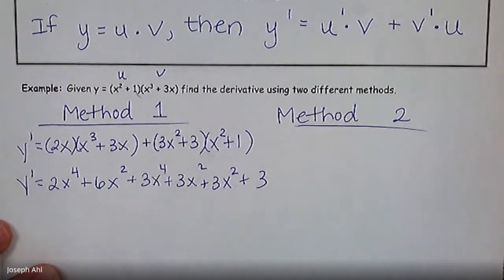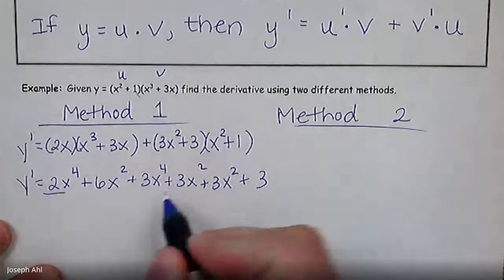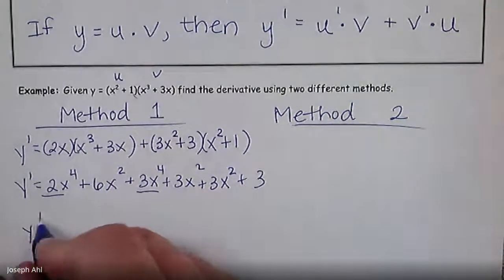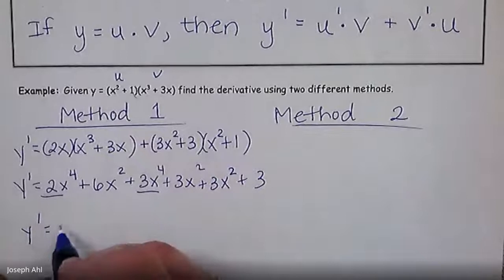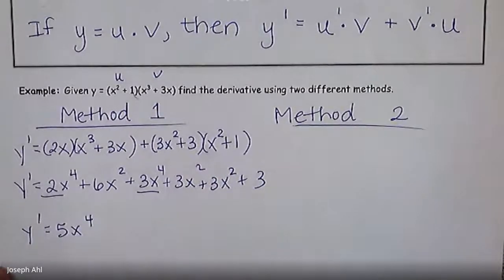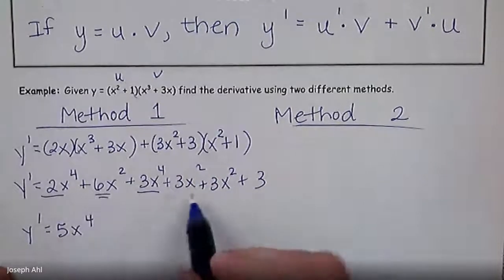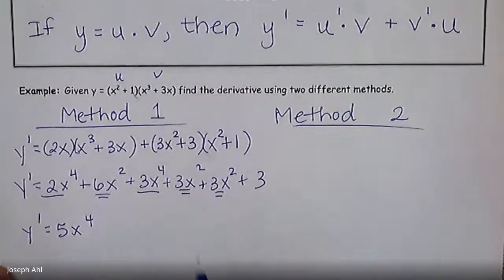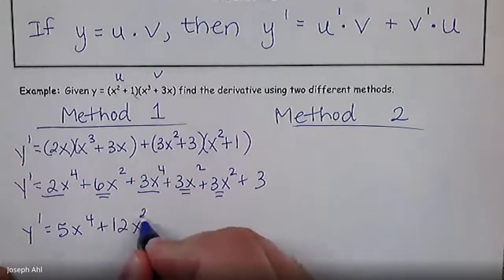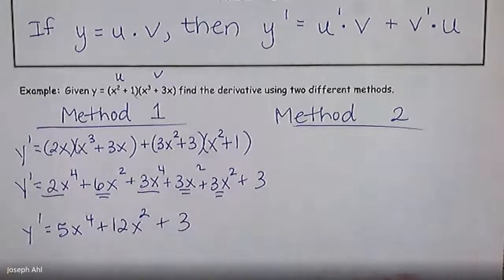Okay, I think I've accounted for everything here. So let's start combining like terms. We got 2x to the 4th and 3x to the 4th for a total of 5x to the 4th. I don't see any cube terms, but we got a couple squared terms. Looks like it's a total of 12x squared. And then we've got plus 3 at the end as a constant.